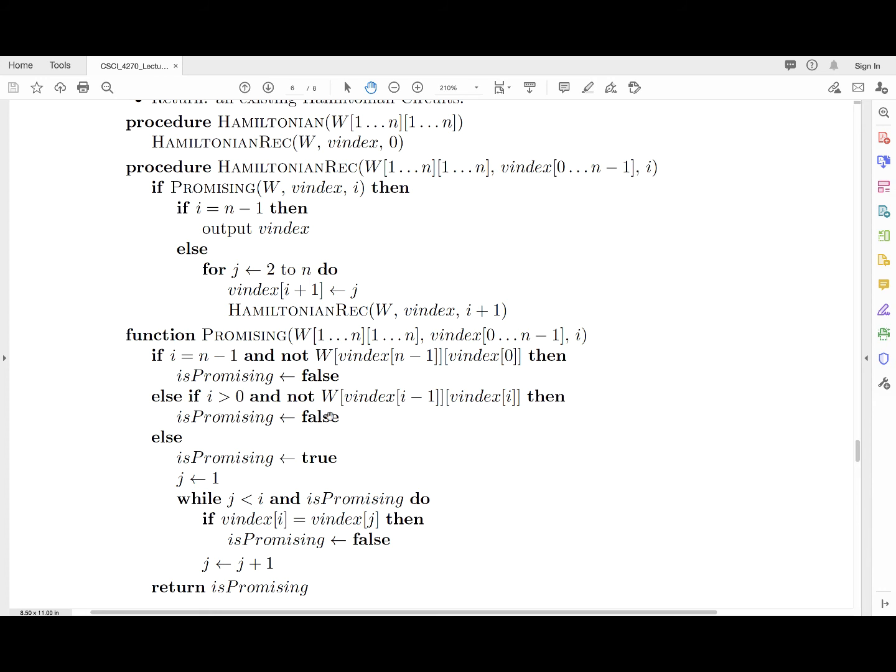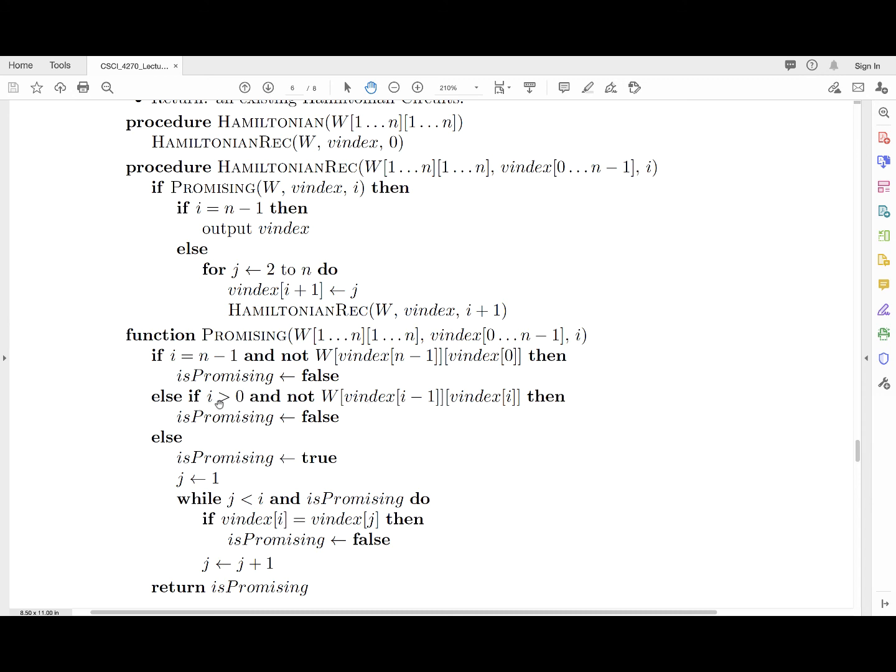If the node at location i minus 1 and the current node that we are checking are not neighbors, where W is the adjacency matrix, or we can use the weight if they are weighted, so if the weight is equal to 0 and they are not neighbors of each other, then promising is false. Otherwise, promising is true, meaning the nodes that we pick are neighbors of each other, so they are in the same path.